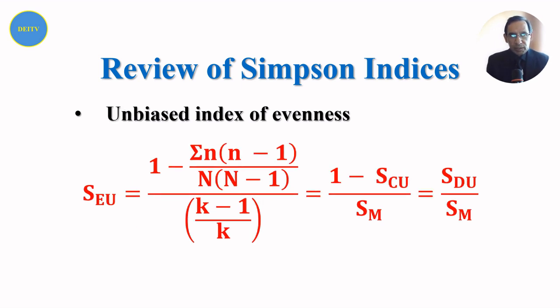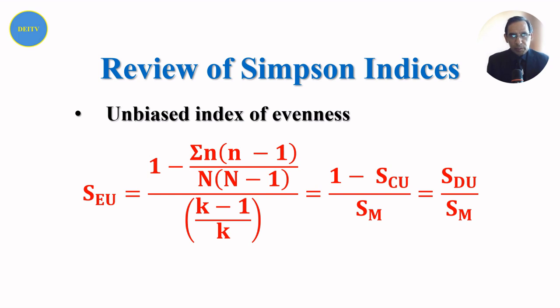In addition to calculating a biased Simpson evenness or standardized score, there's also the unbiased Simpson standardized or evenness score. That is obtained by dividing the unbiased Simpson diversity score by the maximum score. As the formula indicates on this slide, that's going to be 1 minus the sum of the frequencies times the frequencies minus 1 divided by the total number of individuals, capital N, times the total number of individuals in the organization minus 1.